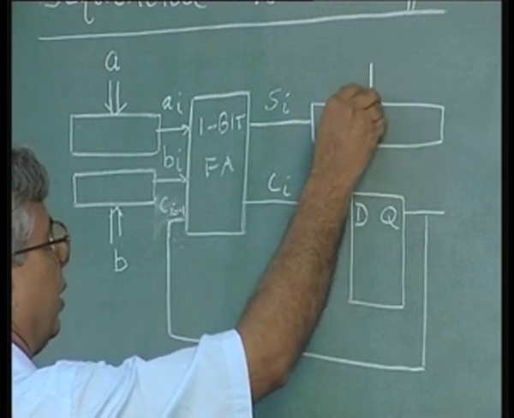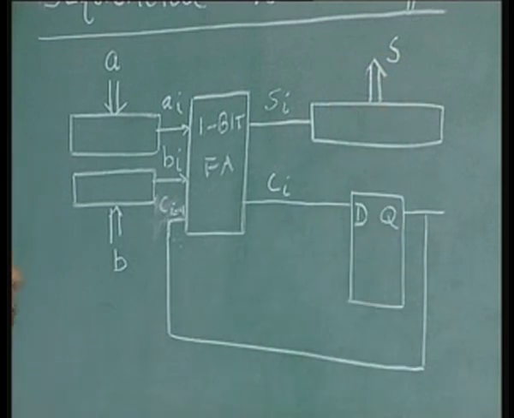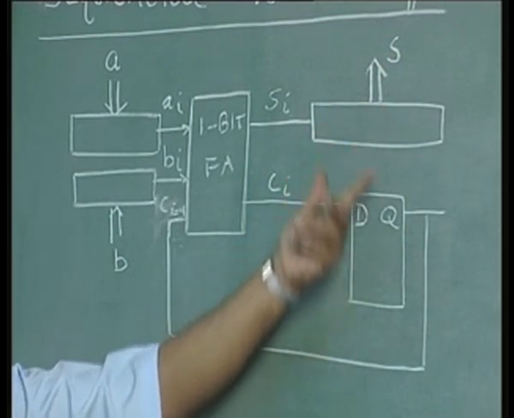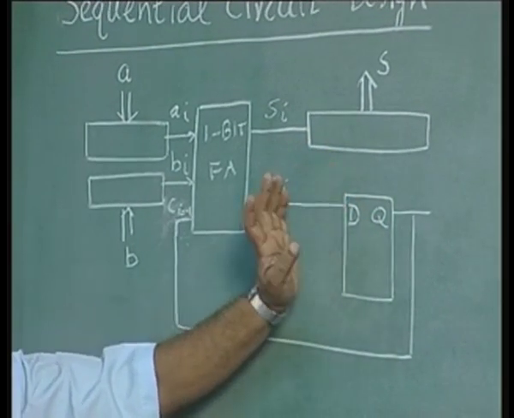At the end of the operation I will take S from here, and if I provide a sufficient number of bits here, the last carry also will be taken into account. So, I do not have to provide an extra register for carry.